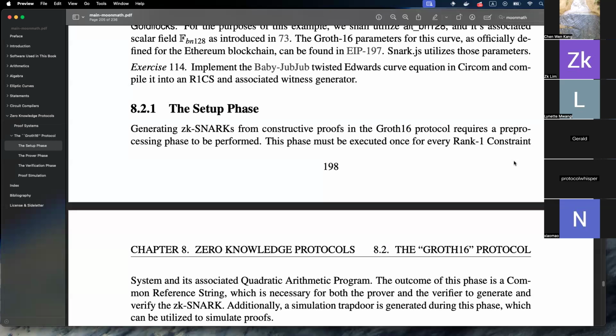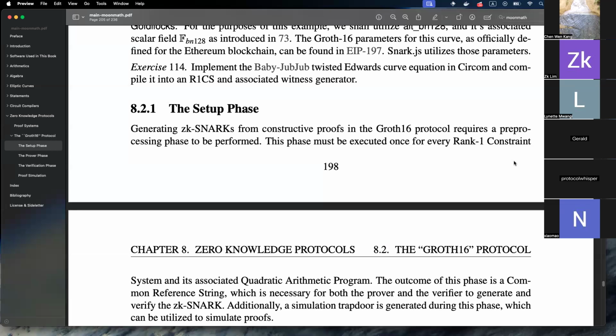A lot of modern proof systems go about fixing this. Actually, a lot of the new proof systems come about to resolve the problem of the per-circuit trusted setup, or per-program trusted setup.